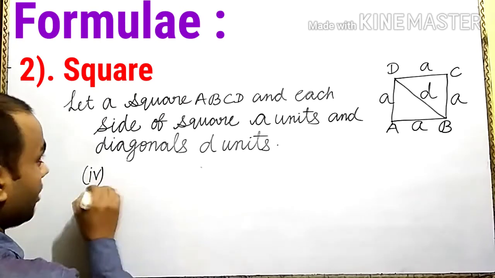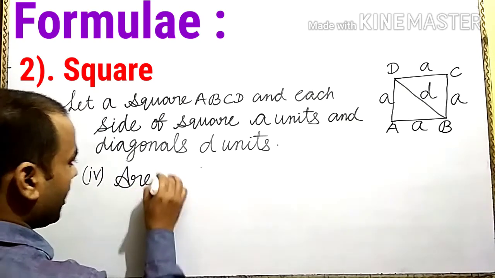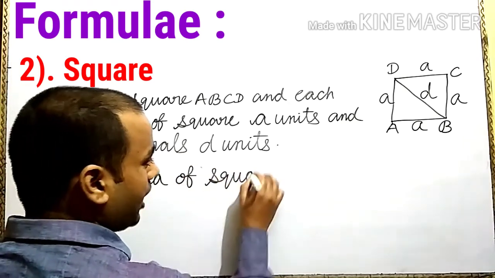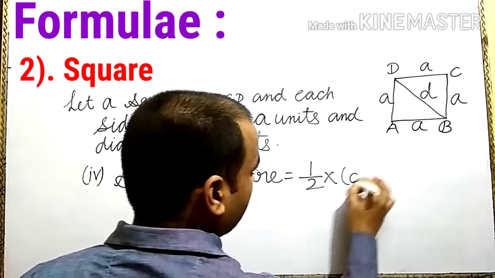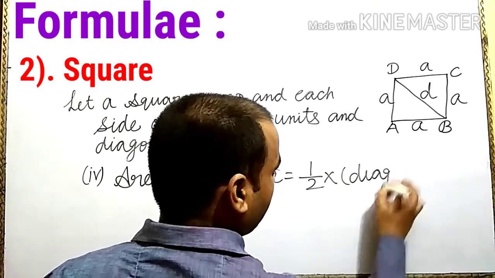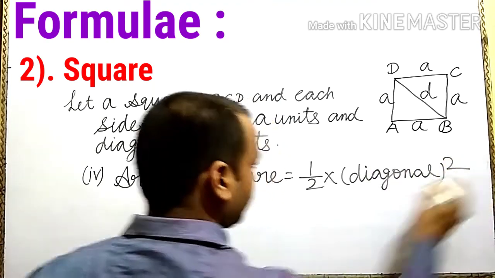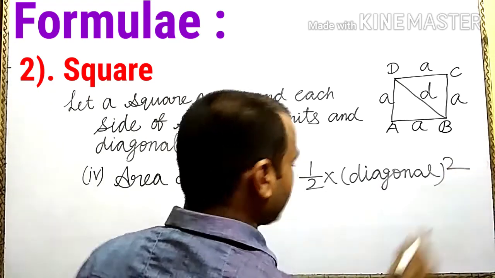Fourth formula of a square: area of a square with respect to diagonal, half into square of diagonal. Area of a square is equal to half into the square of the diagonal.